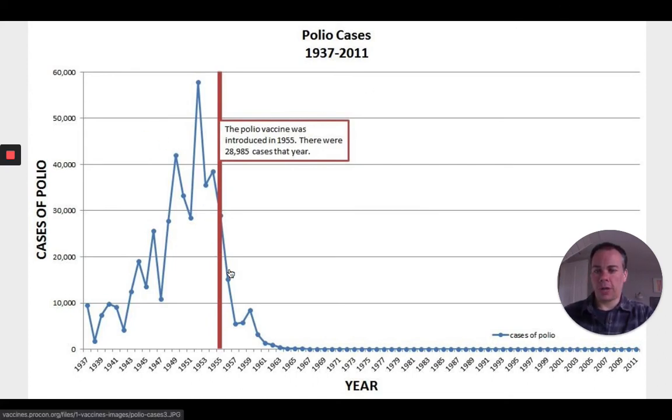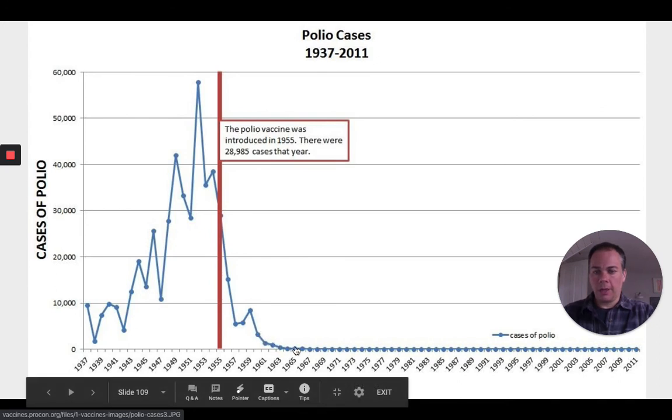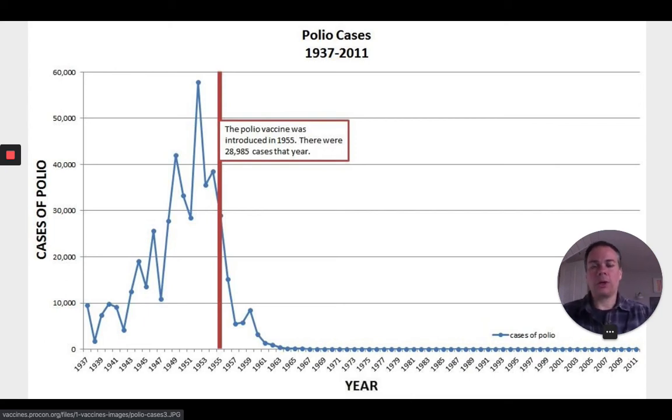It just dropped drastically, eventually dropping to basically zero. Today in the United States, everyone is vaccinated against polio in their early years, and basically nobody gets polio anymore. So we have almost eradicated this disease thanks to vaccinations.